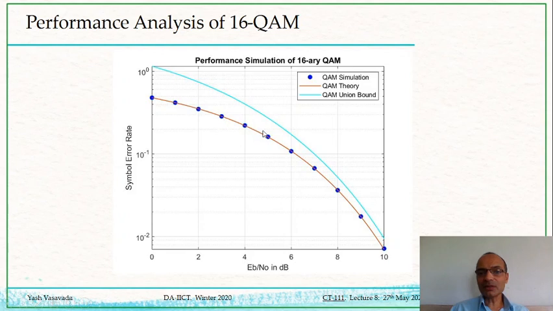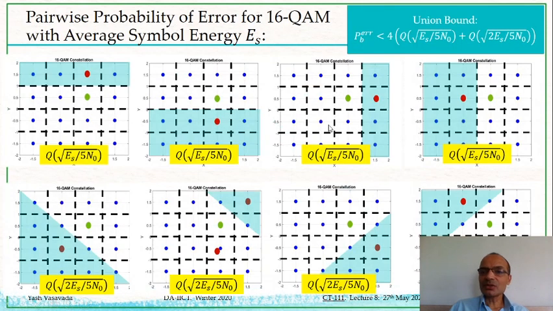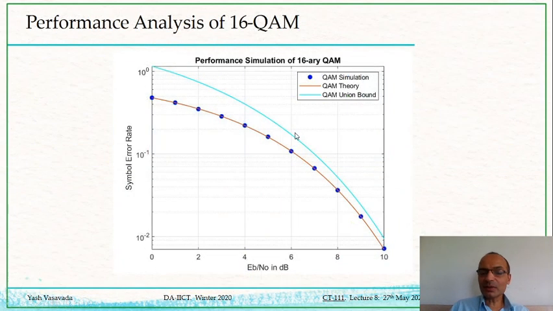The blue dots are the simulation, the red is the exact theory, which we are not going to evaluate in this lecture, and this blue is the expression that was shown over here. You can see that this is an upper bound. Our actual performance is better than this. But as SNR becomes bigger and bigger, the difference between the blue, the upper bound, union bound, and the red, the actual performance, becomes smaller.